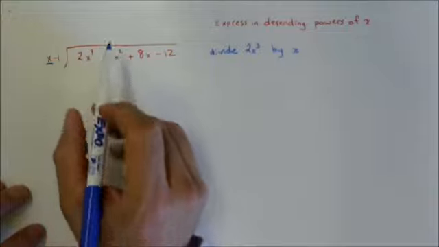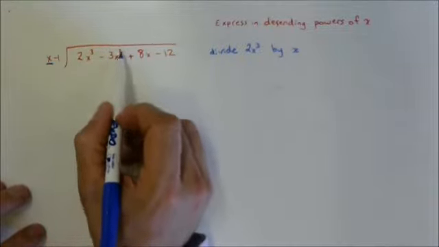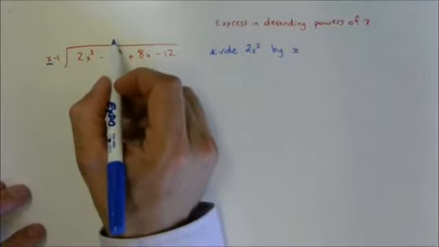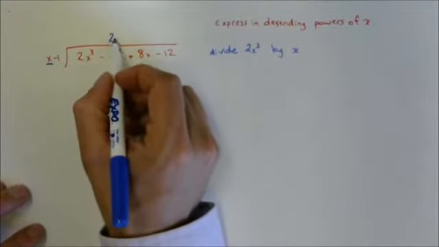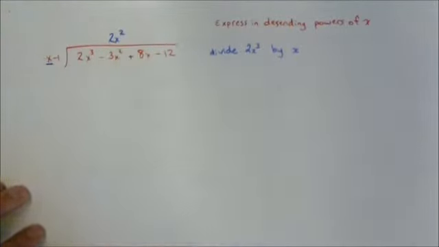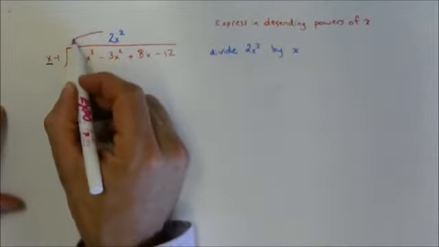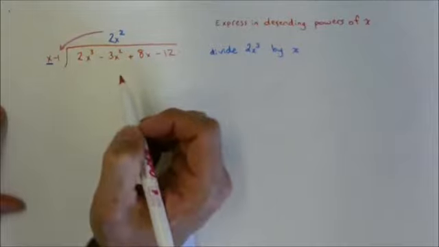But look where you write it. You need to write it in the x squared column. So we've got 2x squared. Now, same thing happens as in long division. We're going to take that 2x squared and multiply it back down through the binomial.